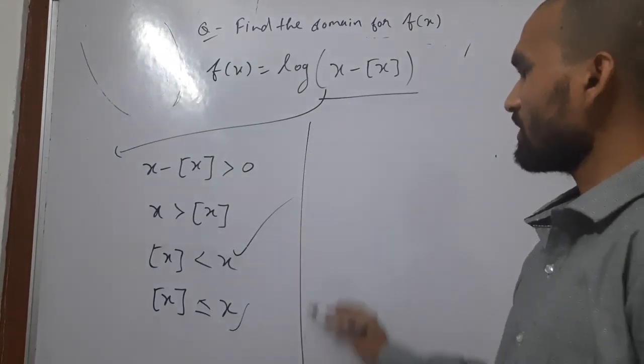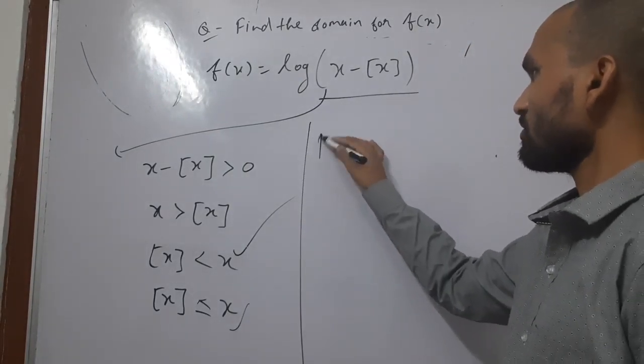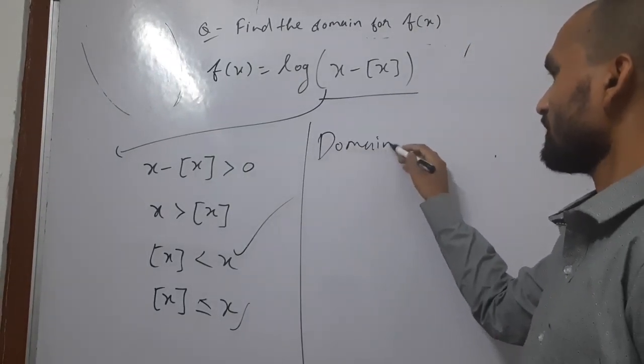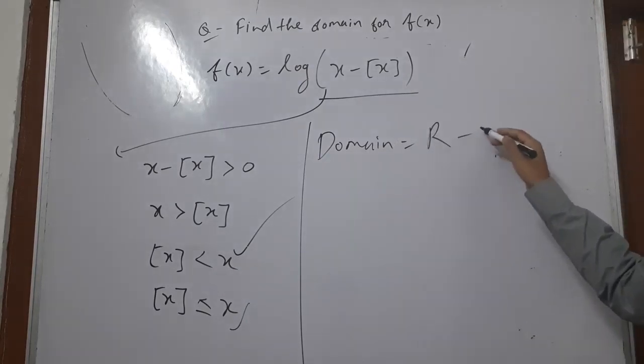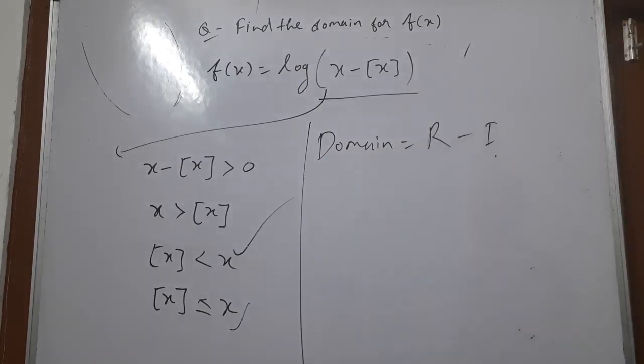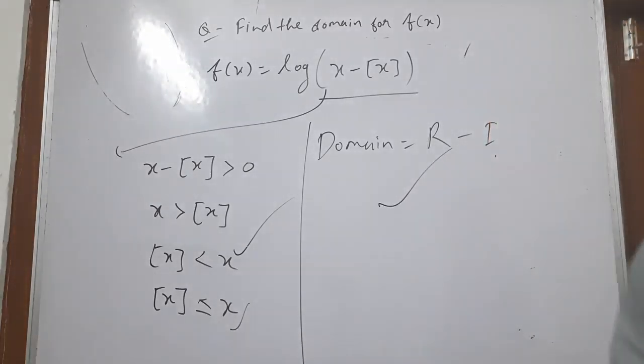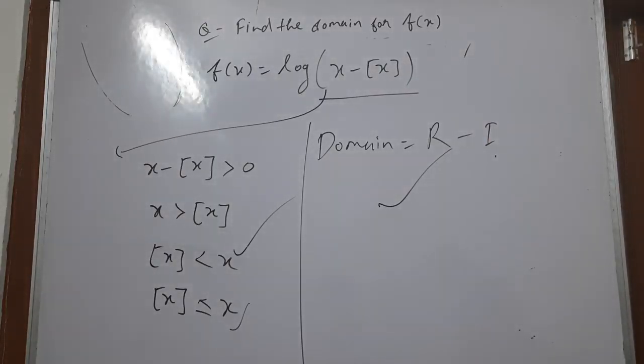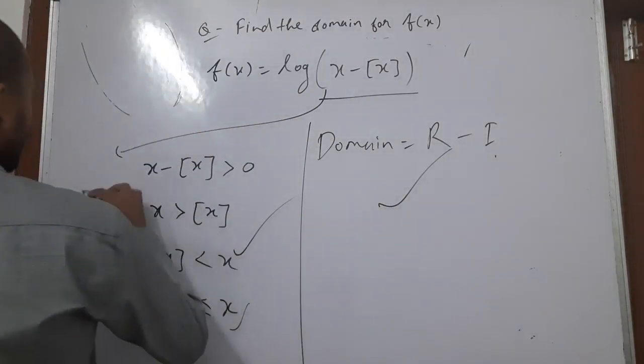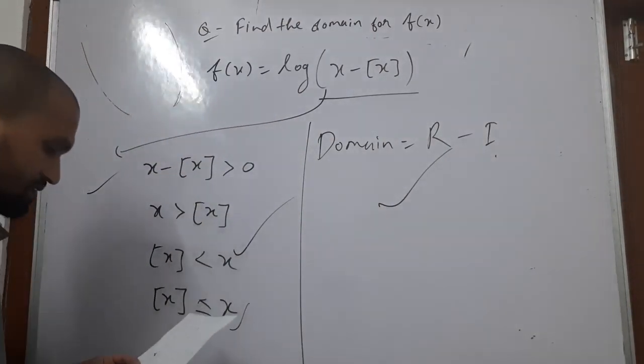So our domain will be all real numbers minus the integers. Here I denote the integers, so this is the domain of our problem. Okay students, so this is the solution of our question.